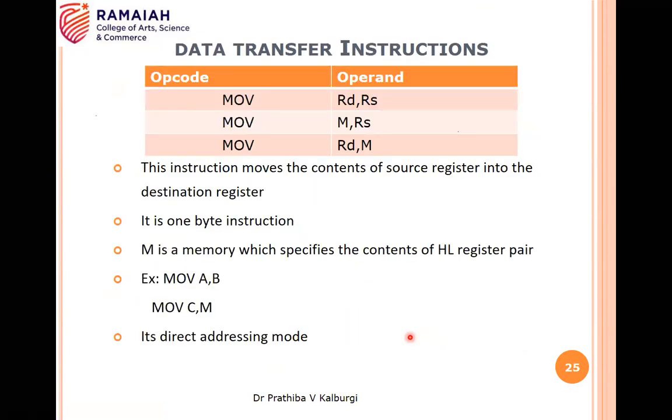No doubts? Fine. Now coming to the first instruction in the data transfer instructions. I'll explain this instruction and then we will start with a small program, how to write a program using these instructions.